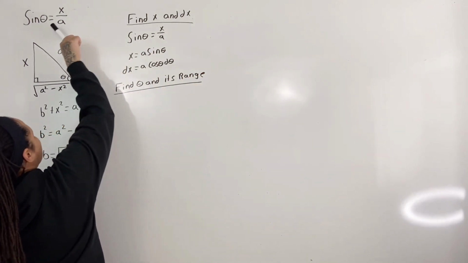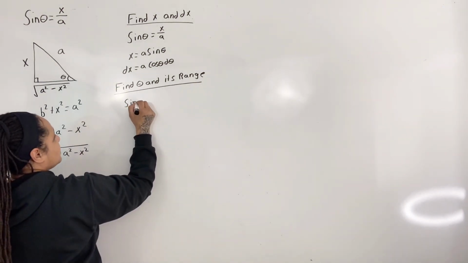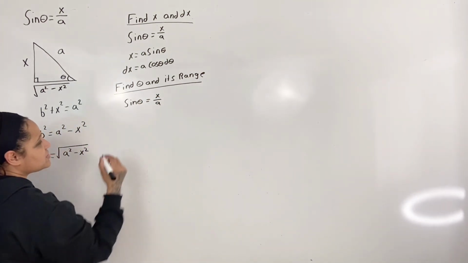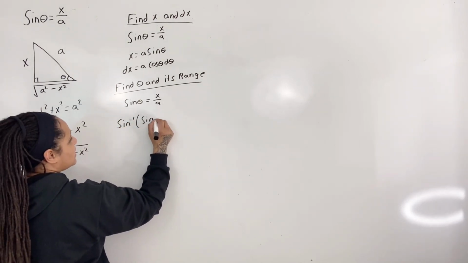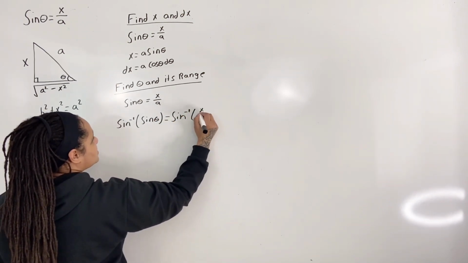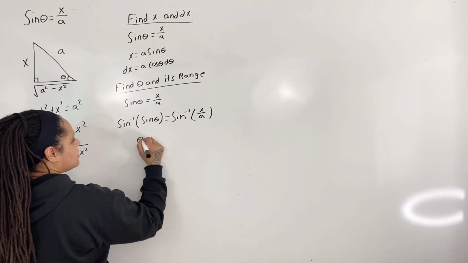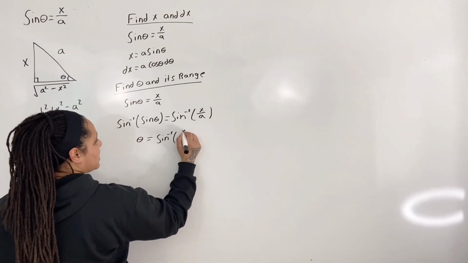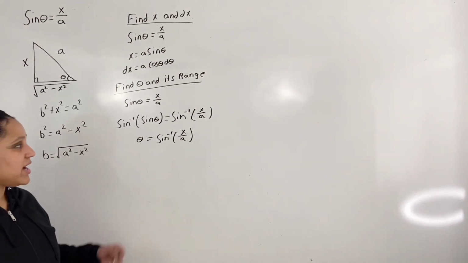So again, beginning with sine of theta is equal to x over a, if I take sine inverse of both sides, we get sine inverse of sine of theta is equal to sine inverse of x over a. So the left side of the equation will become theta, and that will equal sine inverse of x over a. Now we want to identify the range of theta.